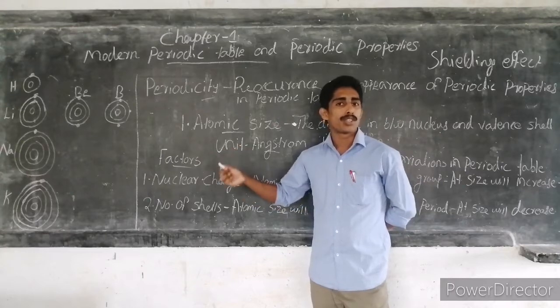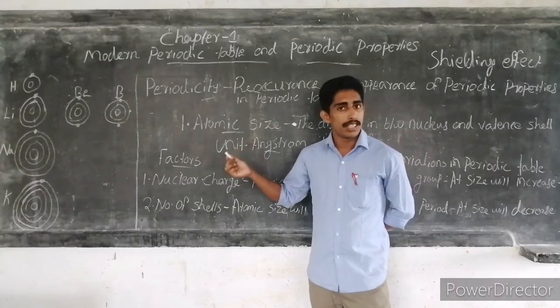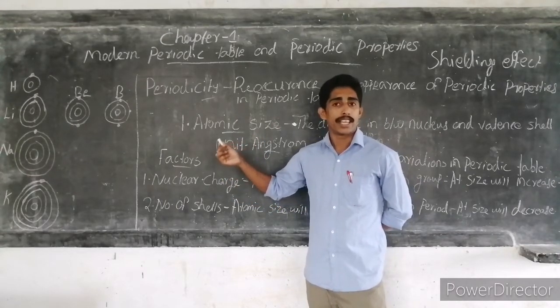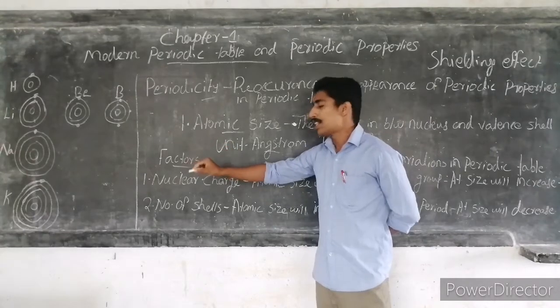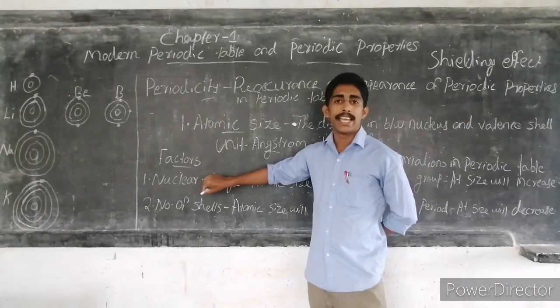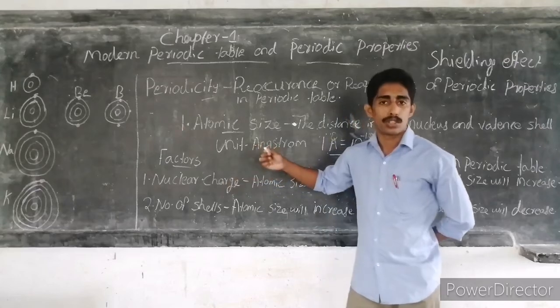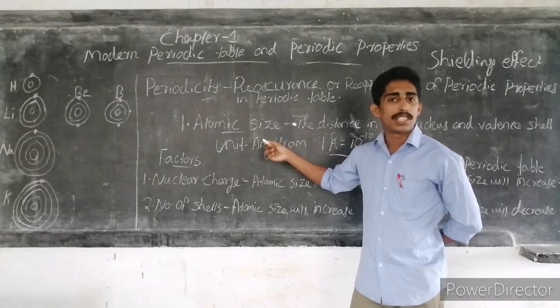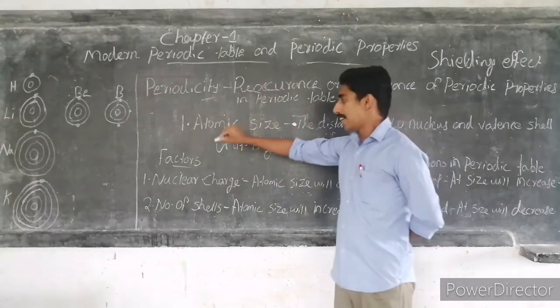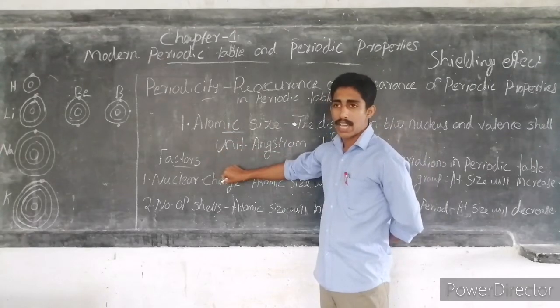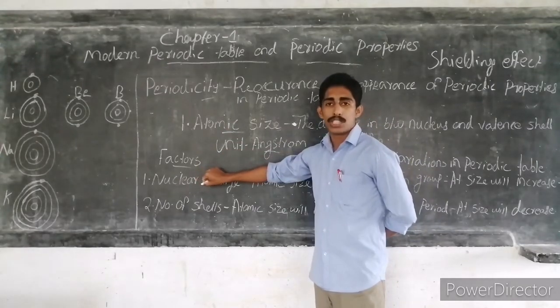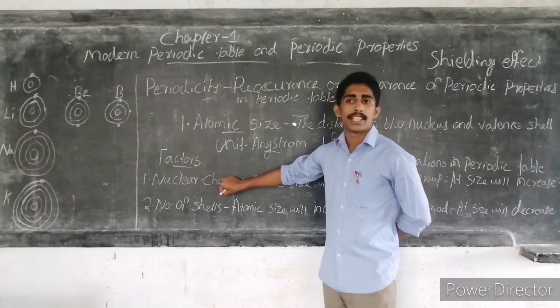Positive. And what is the charge of neutrons? It doesn't possess any kind of charge. So the nucleus gets the charge of protons, a positive charge. This positive charge is known as nuclear charge.